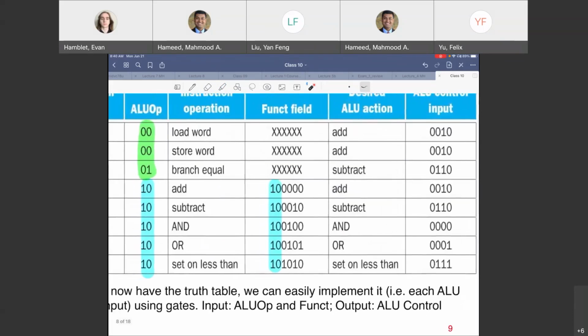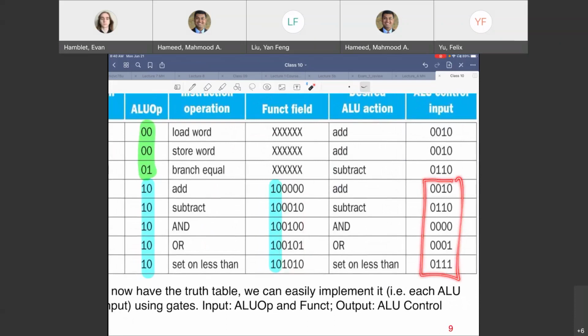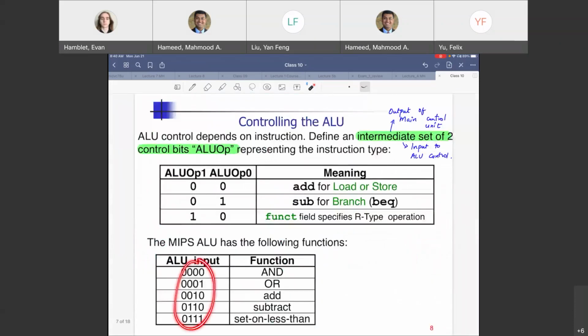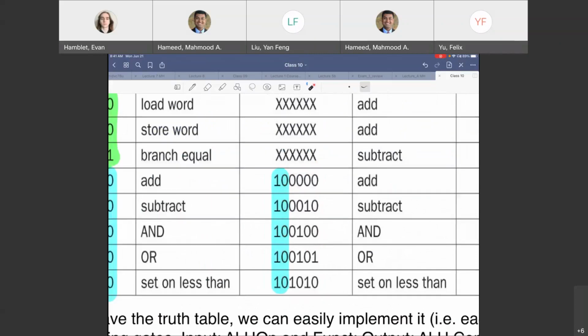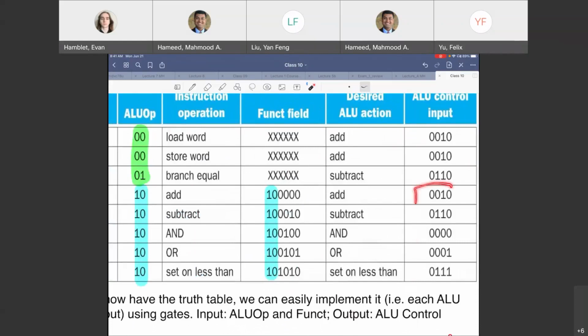Followed by the last 4. The last 4 are essentially coming from the lookup table that we had here. If you want to do AND, the ALU input should be 4 zeros, or 1, or 2, or 6, or 7. Those are coming over here.